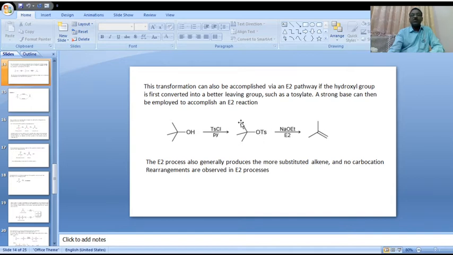Breakage takes place from this compound. This tosylate, on reaction with sodium ethoxide, immediately has this better leaving group removed from the reaction, and at the same time loss of H plus, loss of hydrogen from this terminal carbon and OTs.